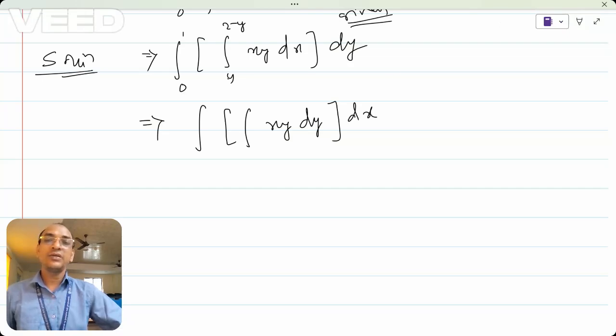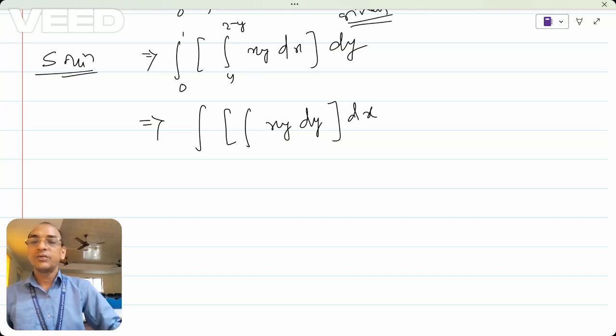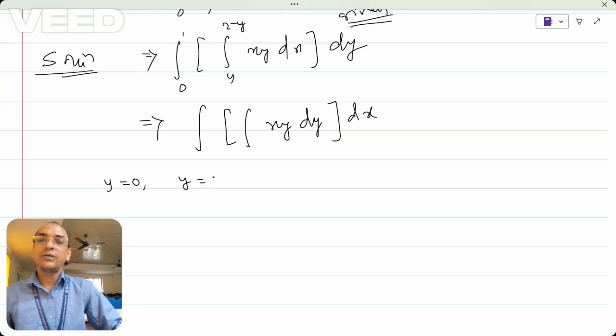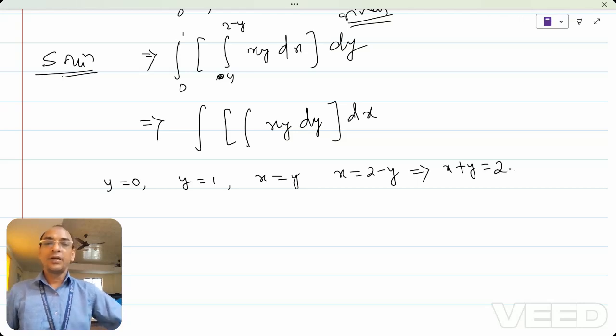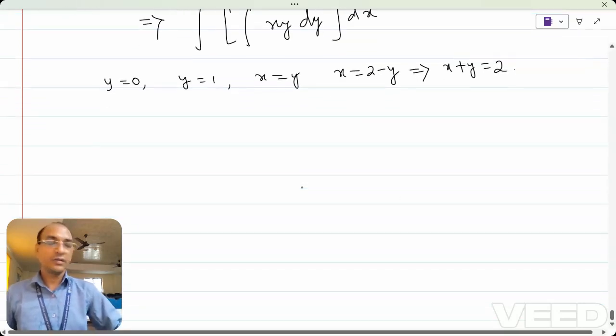What are the limits of x? x equal to y and x equal to 2 minus y. So let me write here: y equal to 0, y equal to 1, x equal to y, and x equal to 2 minus y. So 2 minus y is equivalent to x plus y equal to 2. Now I will draw this graph.